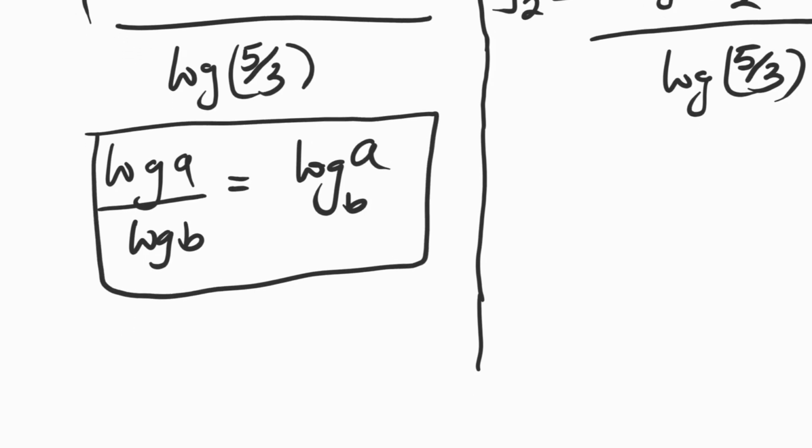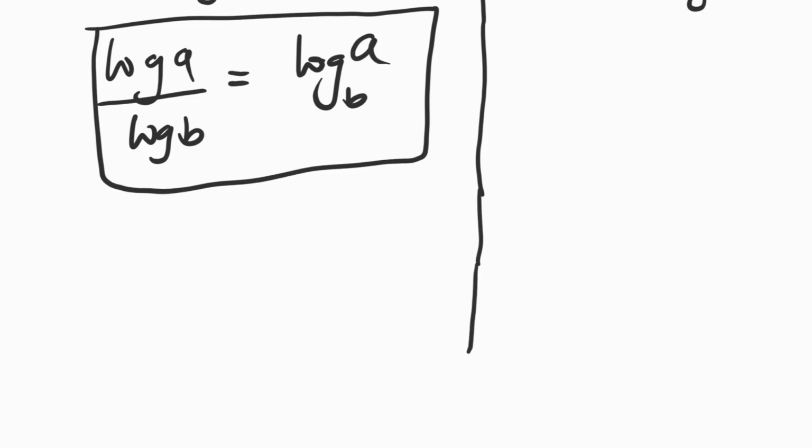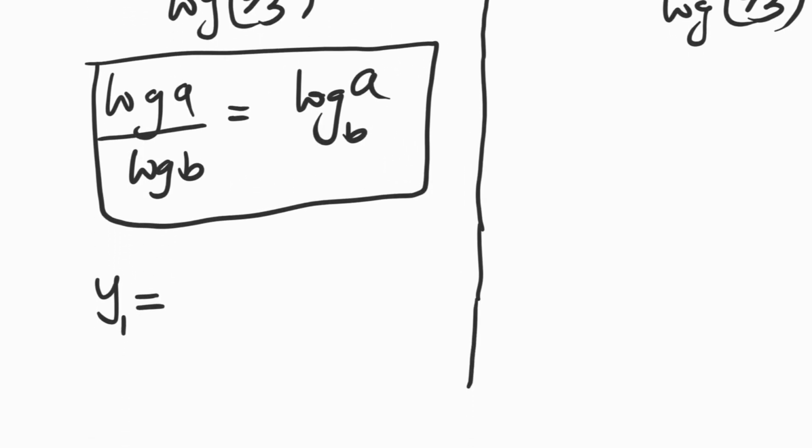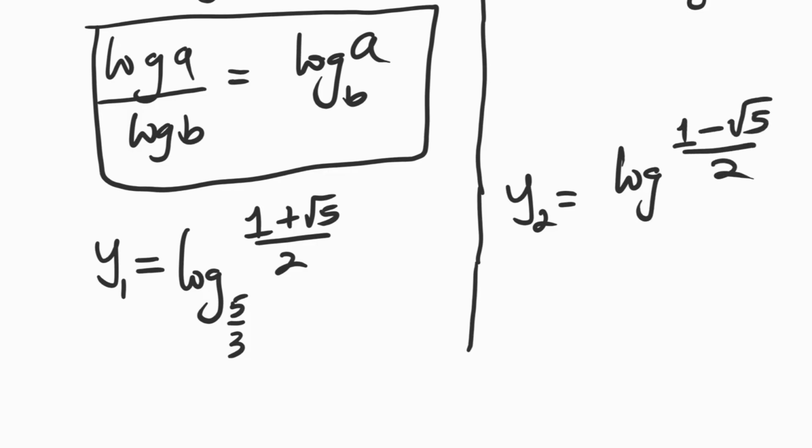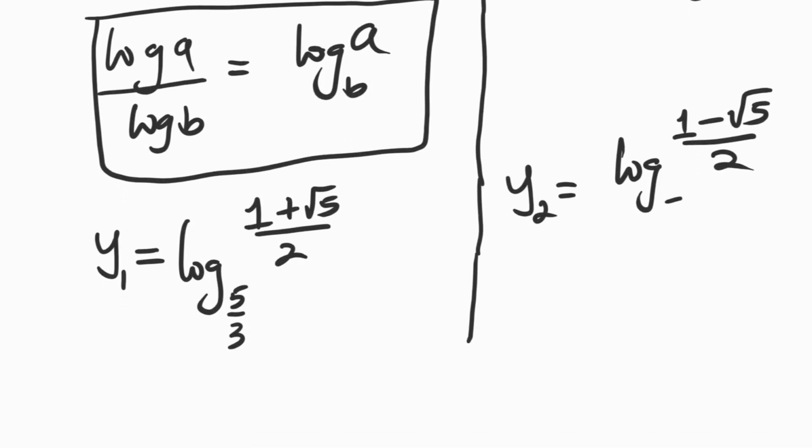Now, employing this formula means that our y1 is now equal to log of 1 plus root 5 divided by 2 base 5/3, and y2 is equal to log of 1 minus root 5 divided by 2 base 5/3.